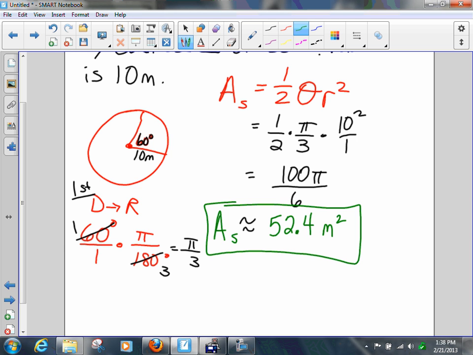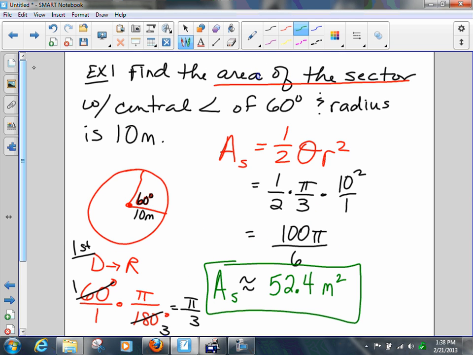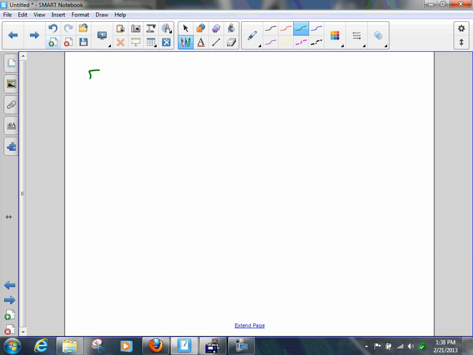All right, here we go. Check this one out. The central angle is 135 degrees. The radius is 9 meters.